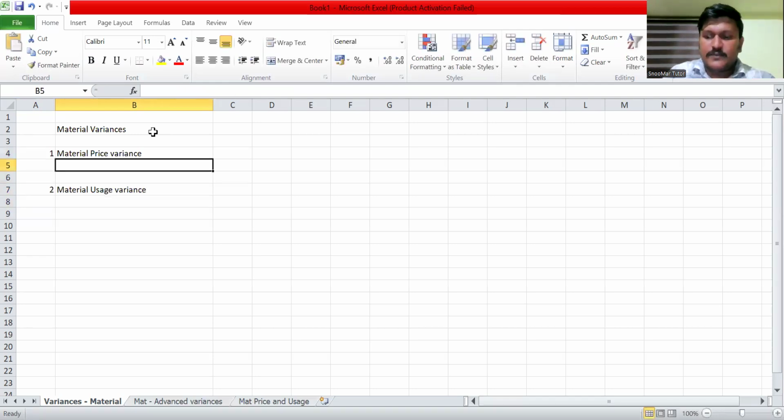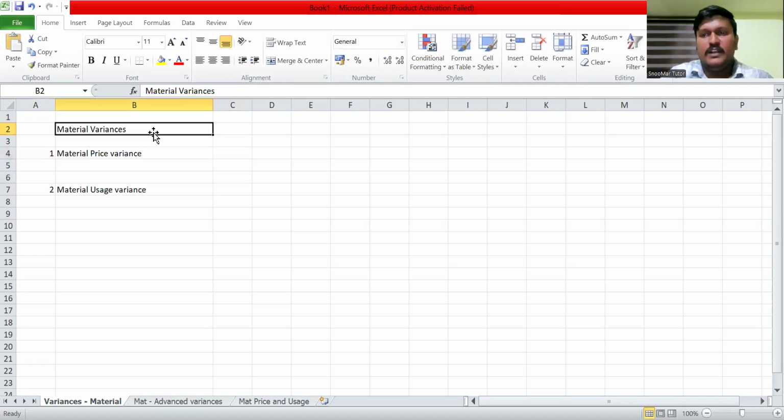Material price variance relates to the raw material we need for producing a particular good. It is part of the total cost variance we have for the material. Take an example. Let's say you require material X for producing a product A, and what you have budgeted and what actually came will have a difference.